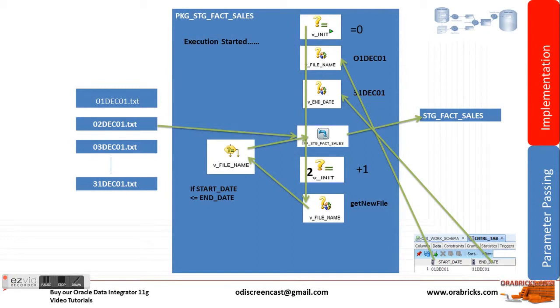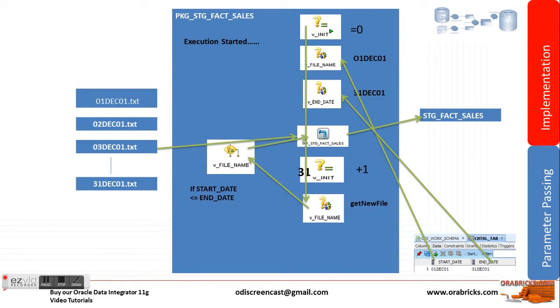So 01 December 01 plus 2 becomes 03 December 01, so v_file_name will now be 03 December 01. It is less than or equal to 31 December 01, so your interface will process 03 December 01.txt and populate the STG fact sales.